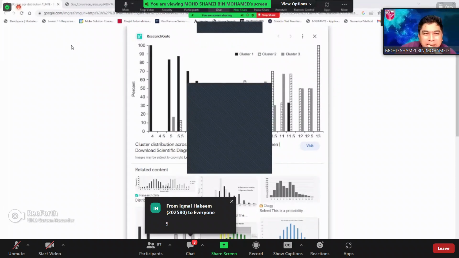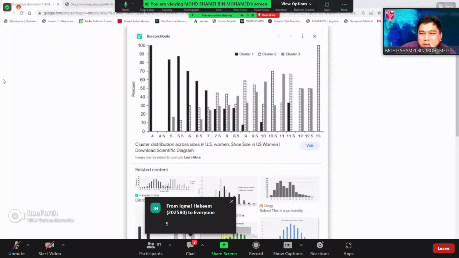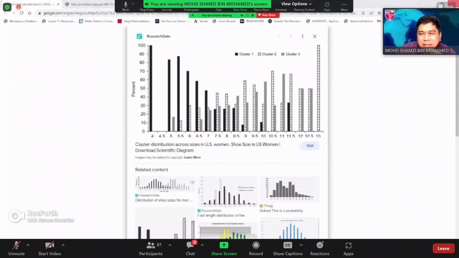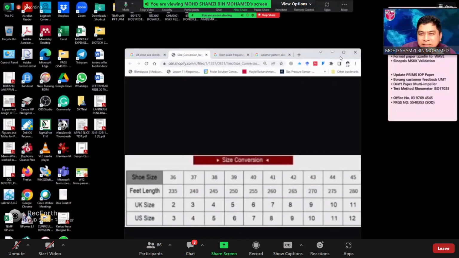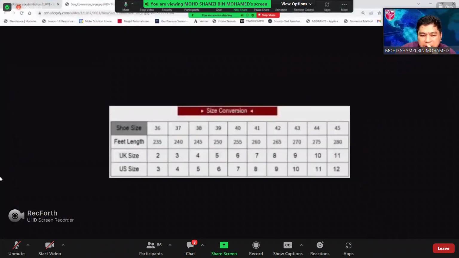Okay, now. If it truly follows a normal distribution, then on the scale, the sizes converge. UK size starts with 2 and ends with 11.